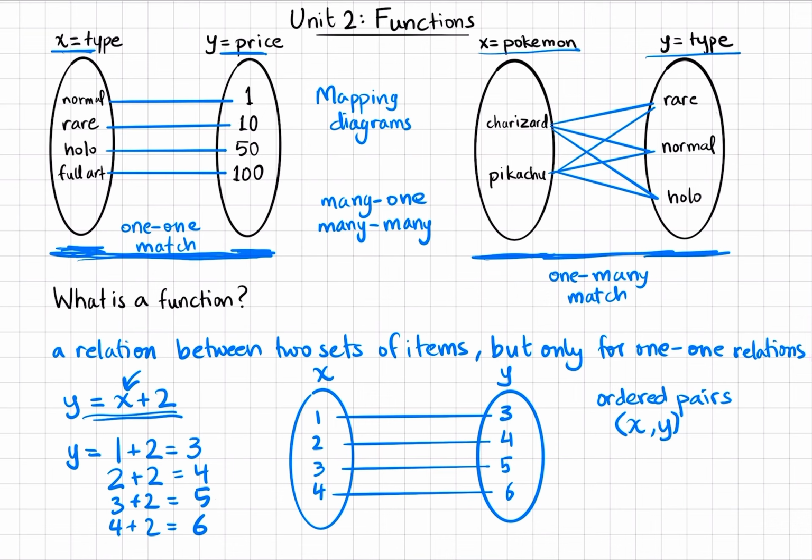And the x and y I'm going to put in these brackets are going to be the two items that match together. So for my function y equals x plus 2, my ordered pairs that I got here are (1, 3), (2, 4), (3, 5), and (4, 6).